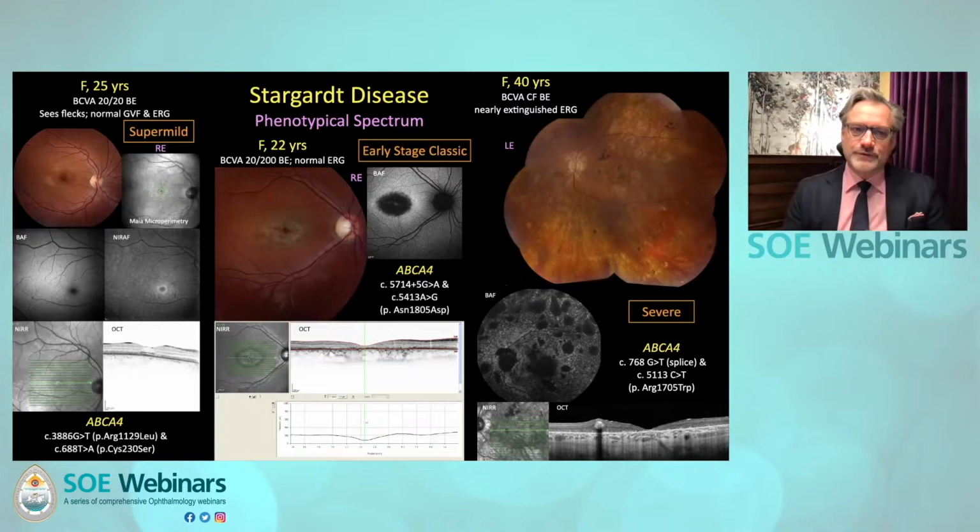On the left, you see someone who is barely affected, but did complain of visual issues. In the center, you see the early stage of classic disease where the flecks are yet to come, and atrophy can be seen in the central macula. And on the right, you see a late stage severe disease where atrophy of the retina is much more extensive than just in the macula.